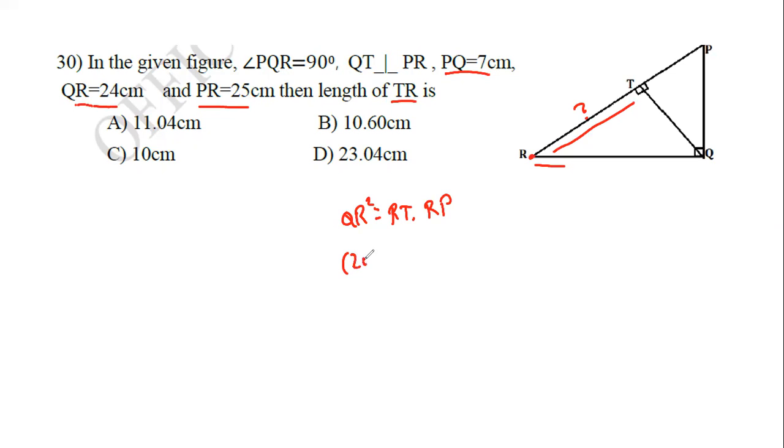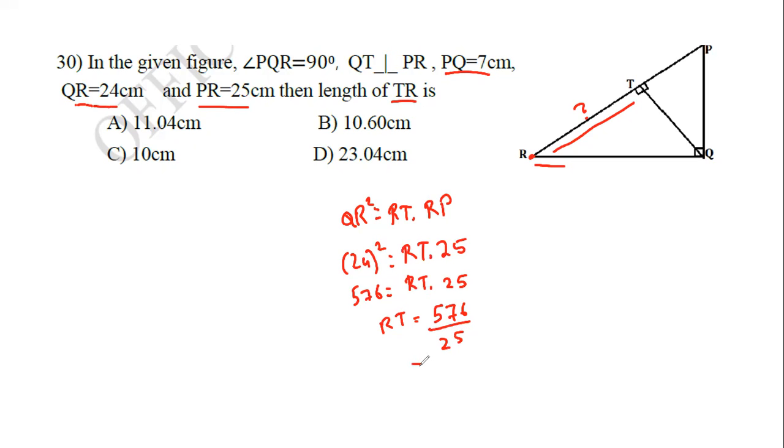QR square is 24 whole square is equal to RT into RP. RP is equal to how much? 25. So 24 square is 576 is equal to RT into 25. So RT is equal to, because you need to find out TR, RT and TR both are same, which is equal to 576 divided by 25.